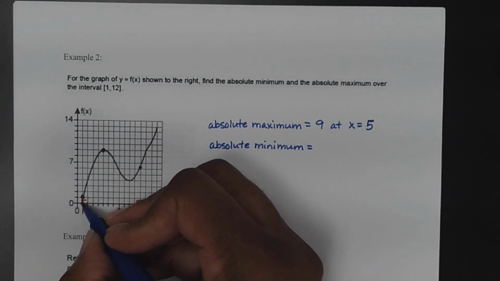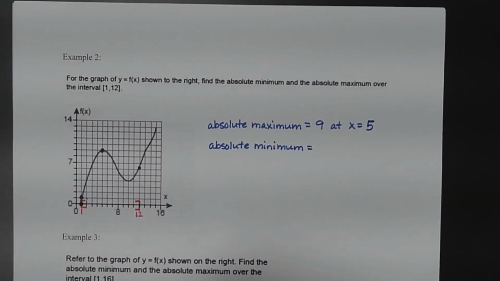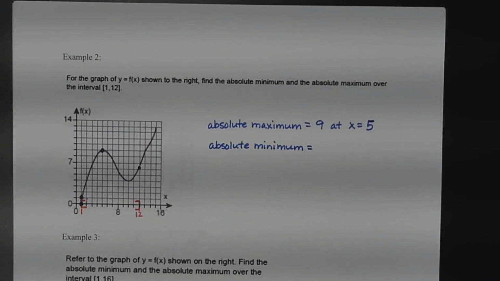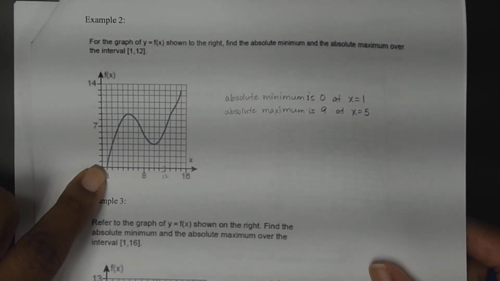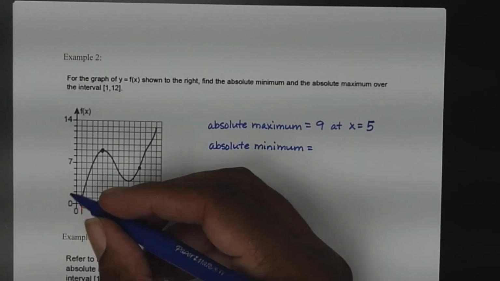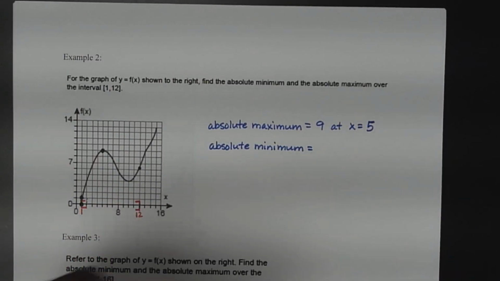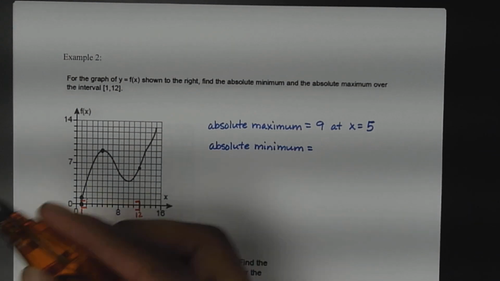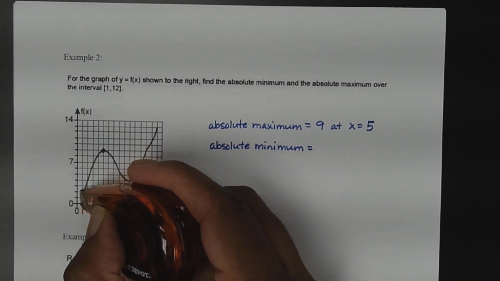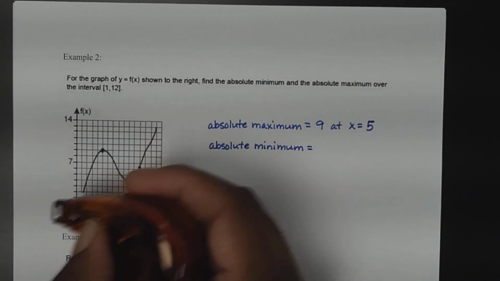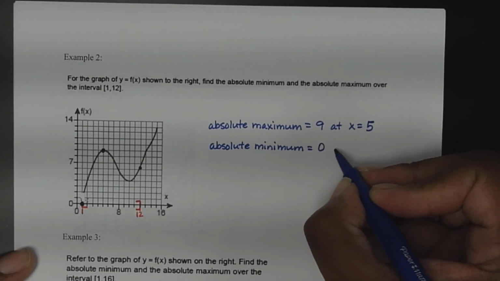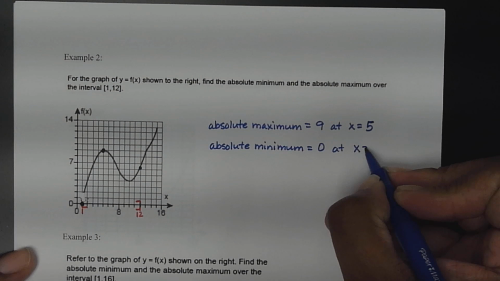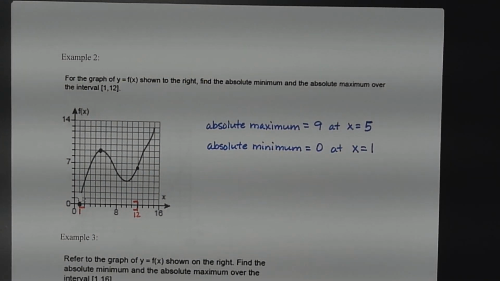Actually, it's going to be right here. Because here's the original graph here. So that y value is going to be crossing the x-axis at 1. So the absolute minimum is 0. And it occurs at x is equal to 1.